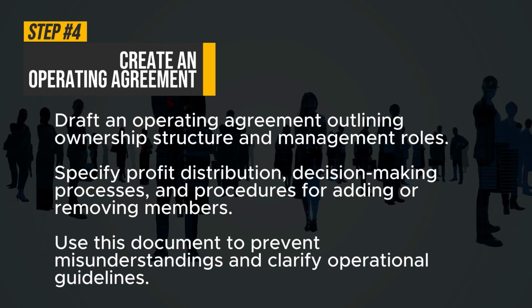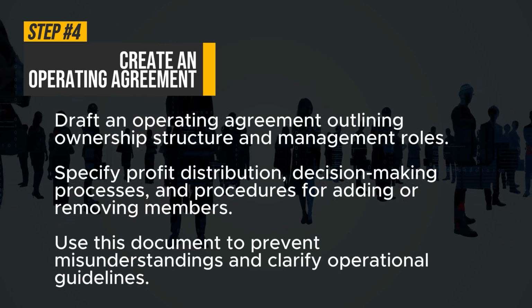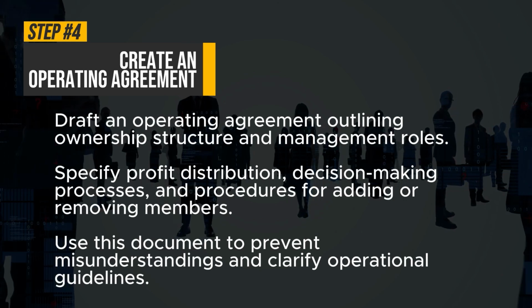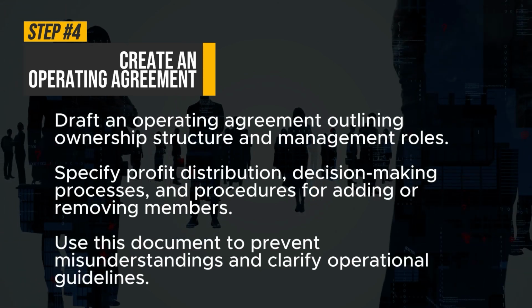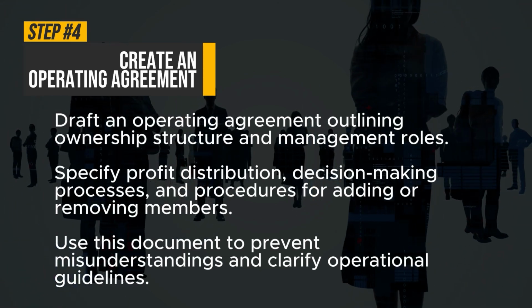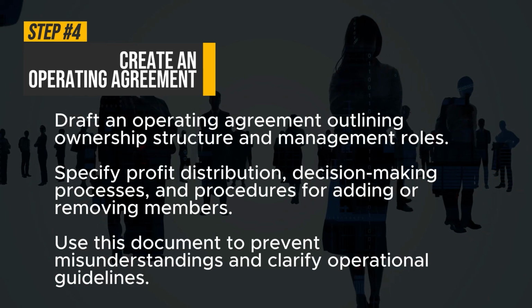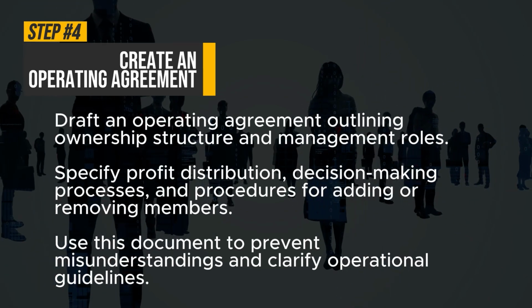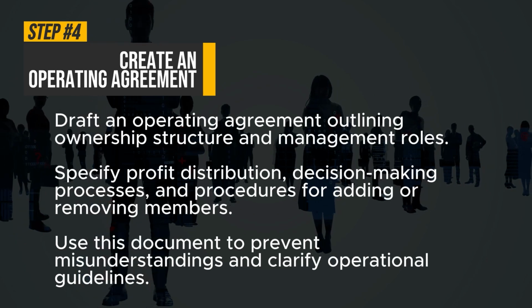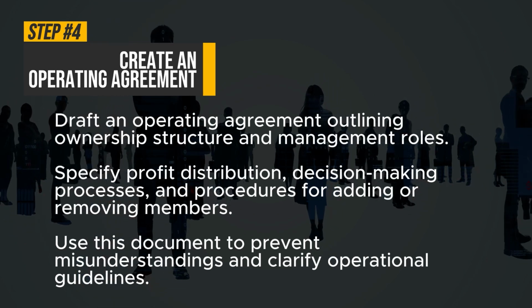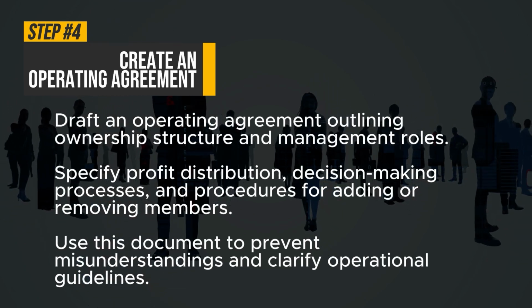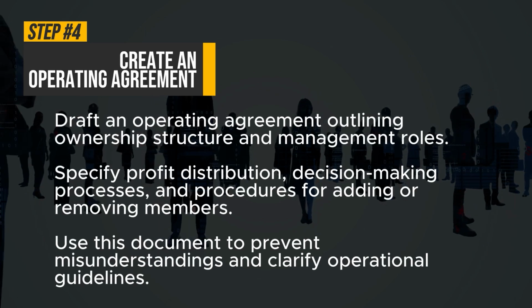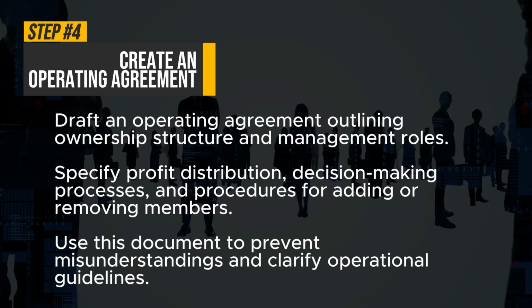It covers important aspects such as how profits will be distributed among members, how decisions will be made, and what happens if a member wants to leave the LLC or if new members are added. An operating agreement helps prevent misunderstanding among members and provides clarity on how the business will operate, which can be invaluable for both day-to-day management and future disputes.